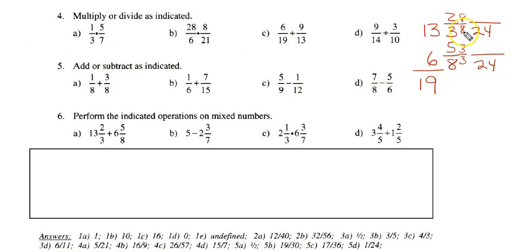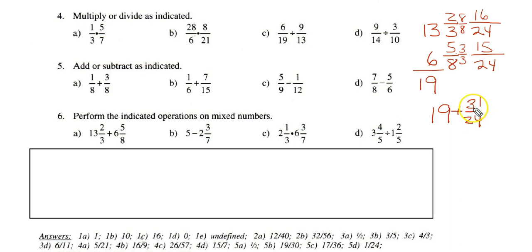So I got my 24s. This is going to be 16. And this is going to be 15. So I will now have a sum of 19, and I'm going to put a little plus there. How about 31/24? But this is an improper fraction.